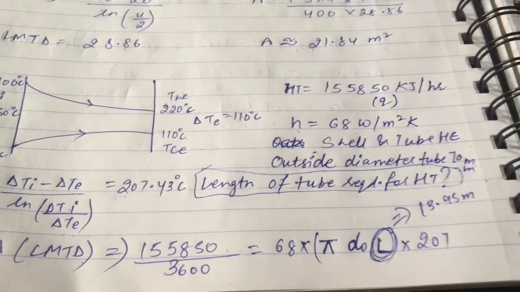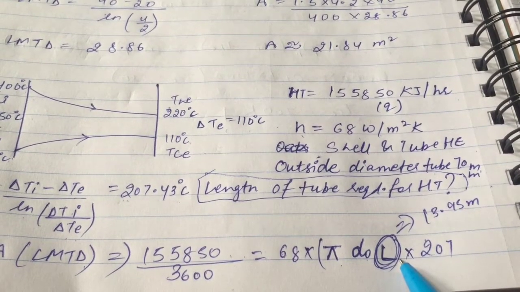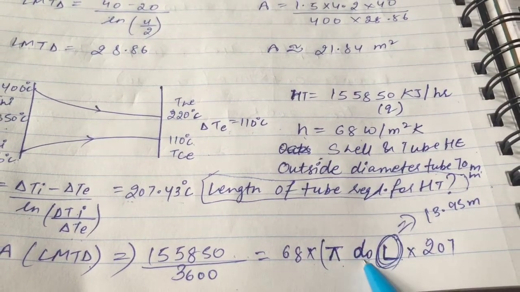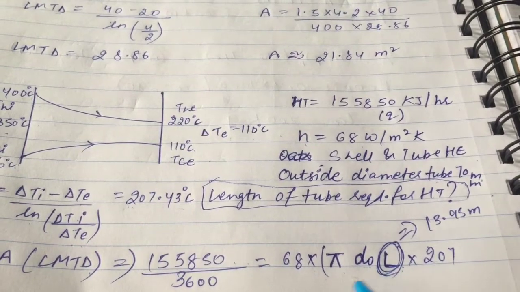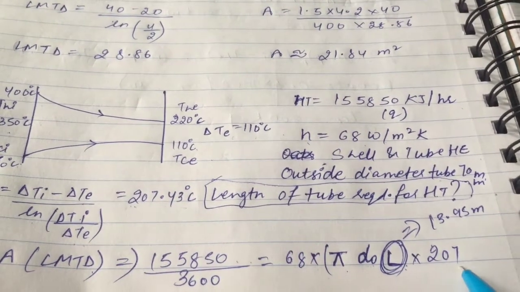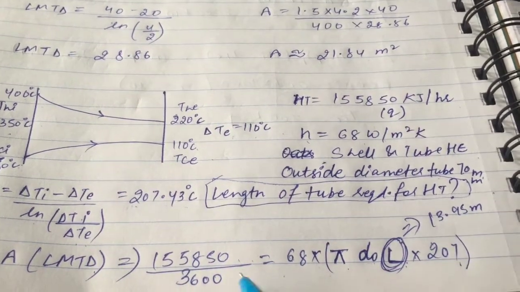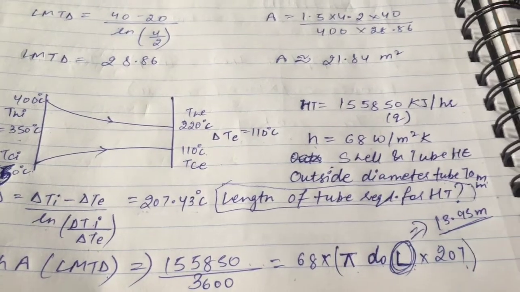Area is pi into diameter into length. The outside diameter is given as 70. Length we have to find, and LMTD we have calculated as 207. Solving this, we get our length equal to 13.95 meter.